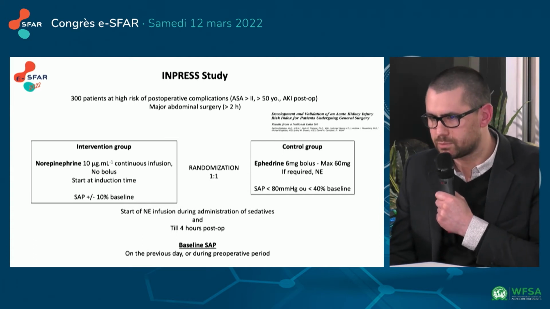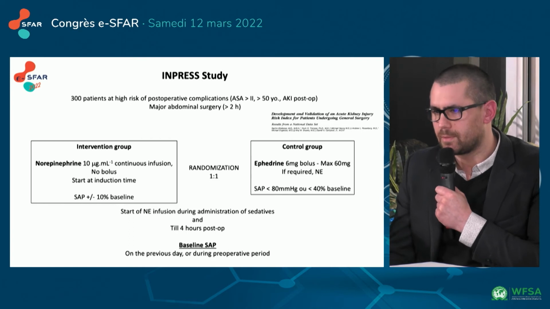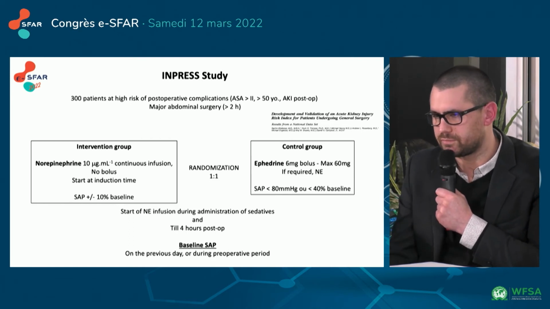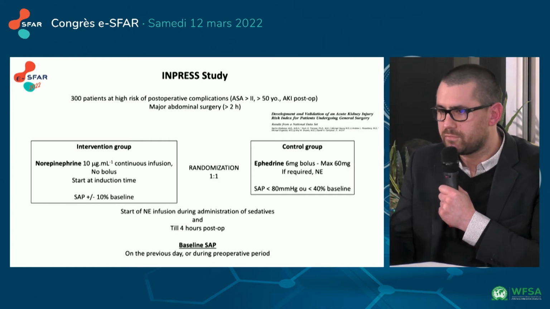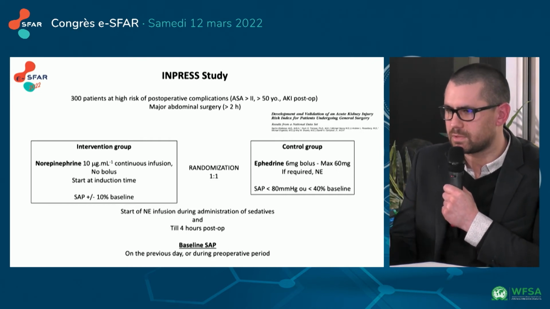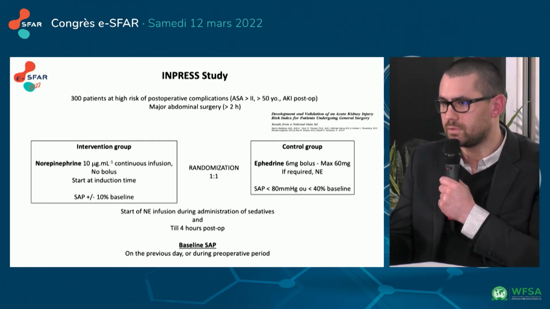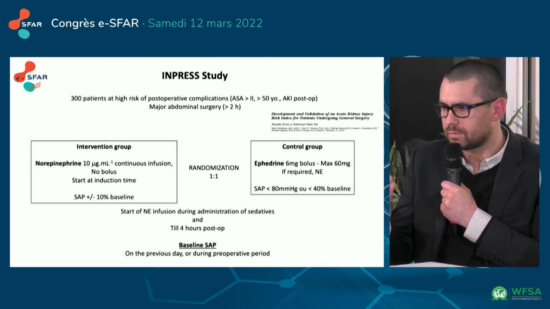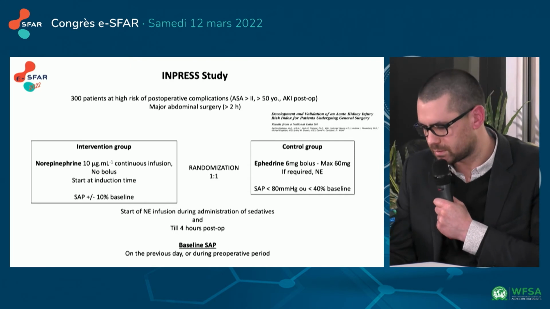And in the intervention group, first, norepinephrine was used as a continuous infusion at the start of the induction. But before that, at any time, there was an optimization of fluid with fluid challenges of the hemodynamic of the patient.